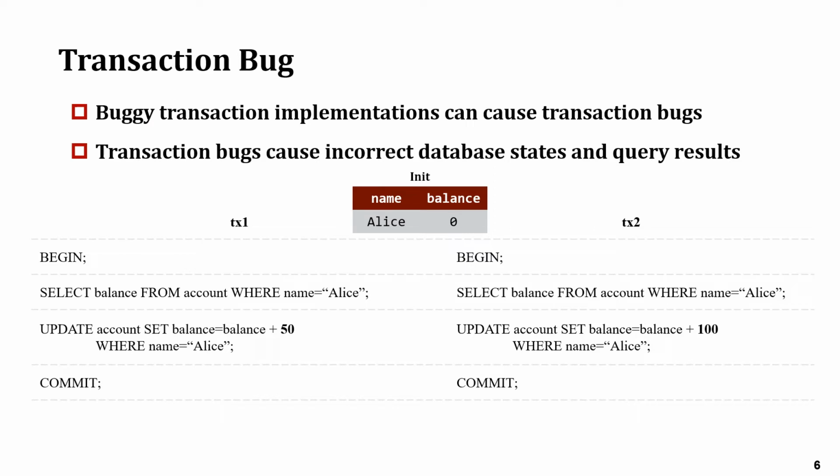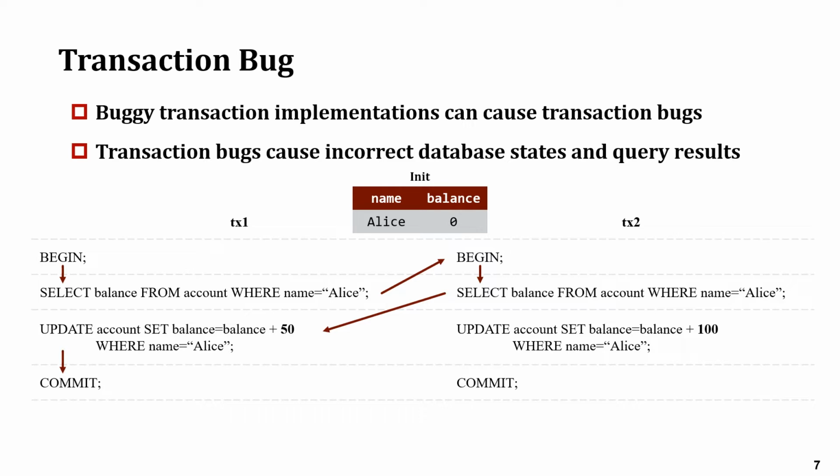However, transaction bugs can occur due to buggy transaction implementations, which cause incorrect database states and query results. For example, a user wants to check the balance before the transfer. Two transactions perform these operations concurrently on Alice's account. First, transaction 1 and transaction 2 query the balance. They both see that Alice has no balance.